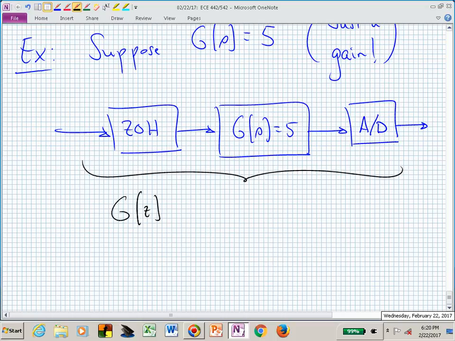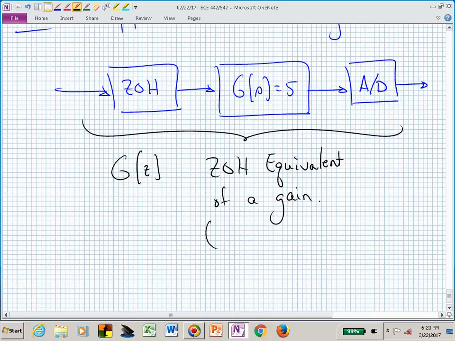And our hold is particular. It's a zero order hold. So this is now the zero order hold equivalent of a system that's actually quite trivial. It's a gain. Or we're saying, what is the pulse response transfer function when our original system, our G(s), is a gain?